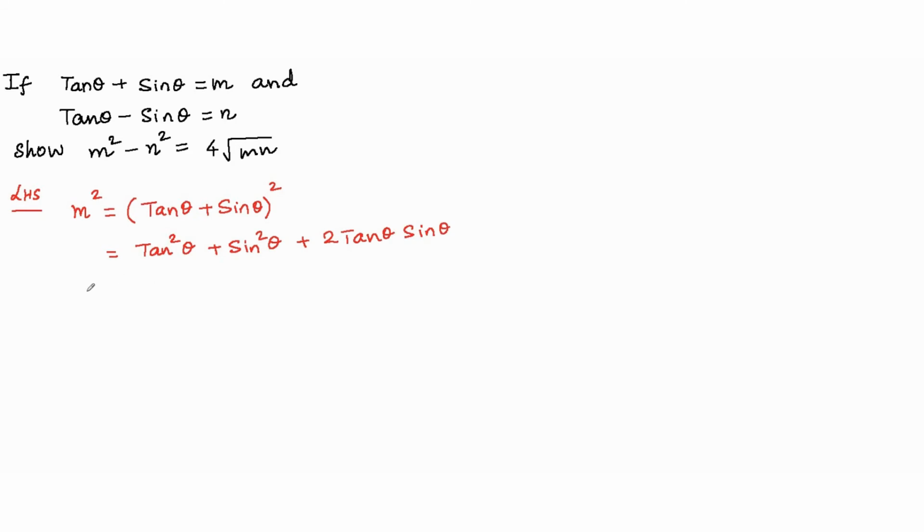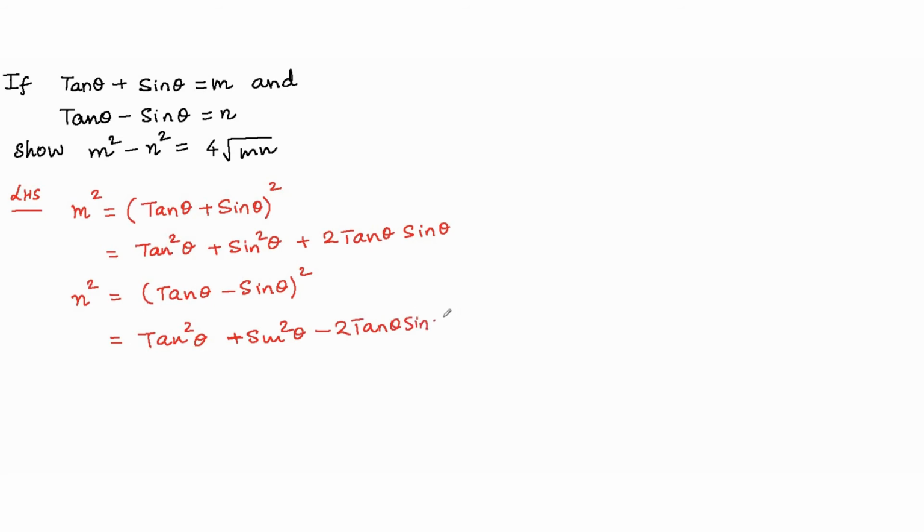This is m square. And we can also find n square, which is tan theta minus sin theta the whole square. And a minus b the whole square is a square plus b square, so plus sin square theta minus 2 tan theta sine theta, right?